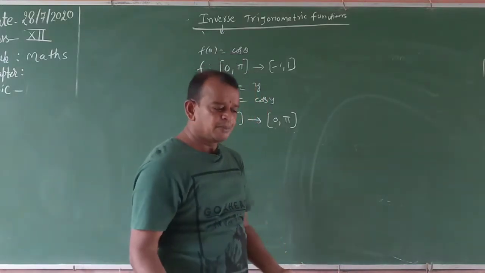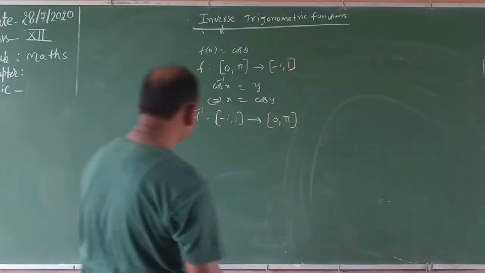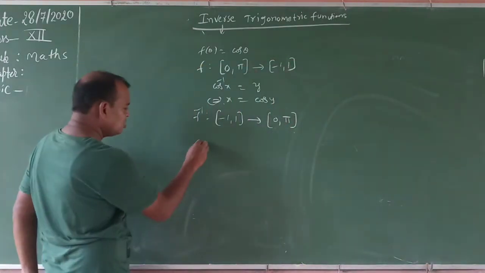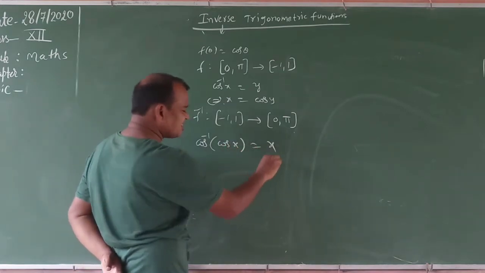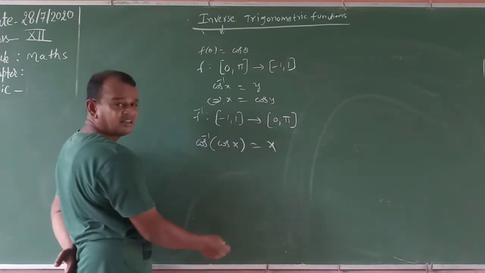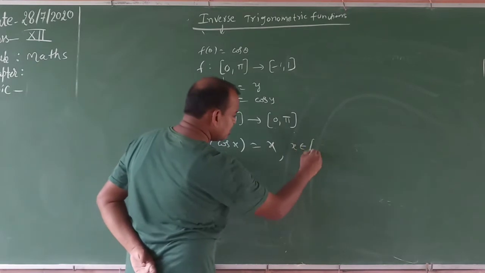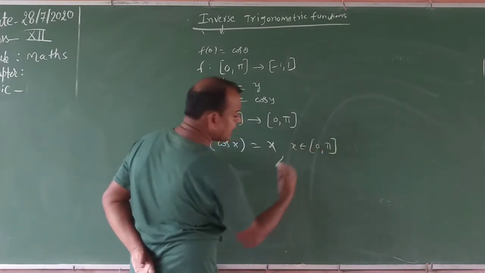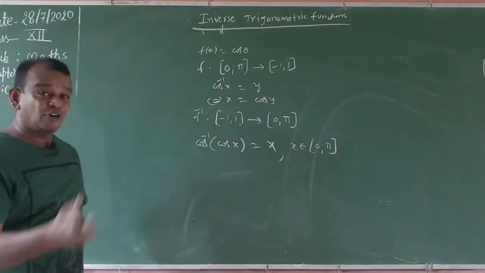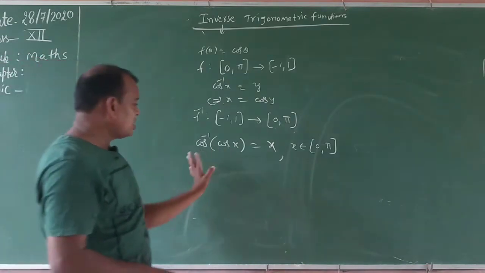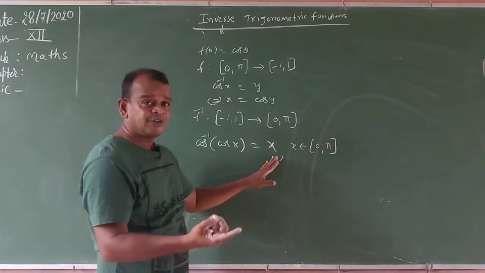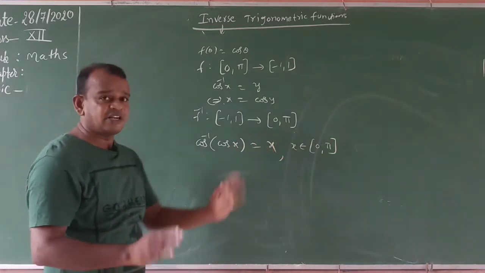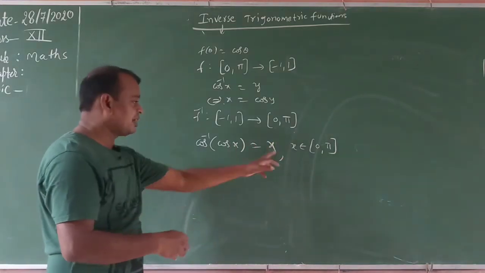Understood? Simple. Okay. In this one also, cos inverse of cos x is equal to x, or theta, whatever it may be, where x belongs to 0 comma pi. Before, for sine, the value is equal to x when x is from minus pi by 2 to pi by 2. Then you write the answer x.